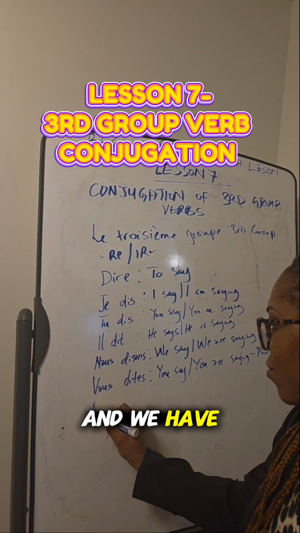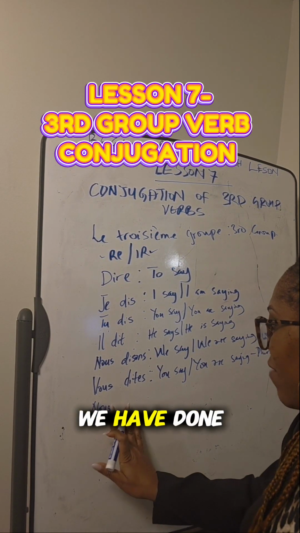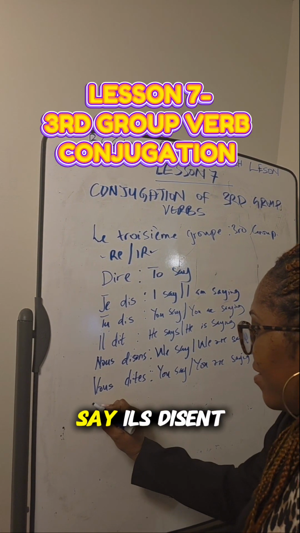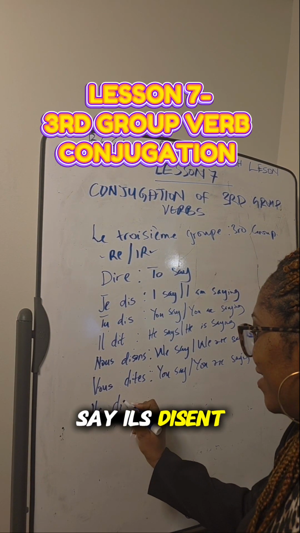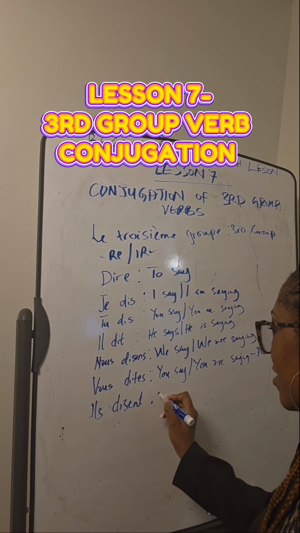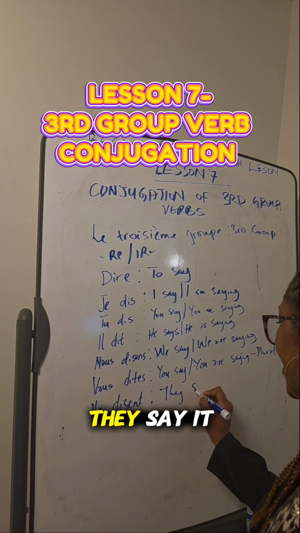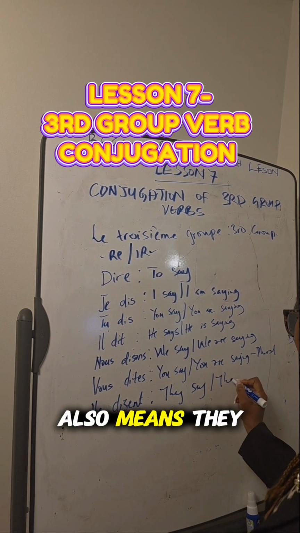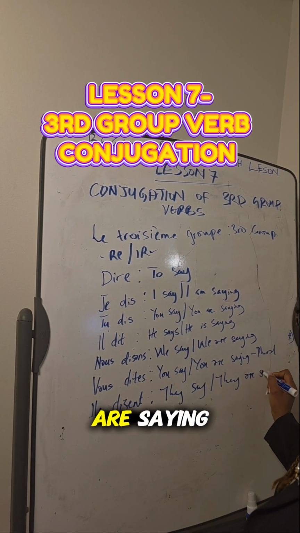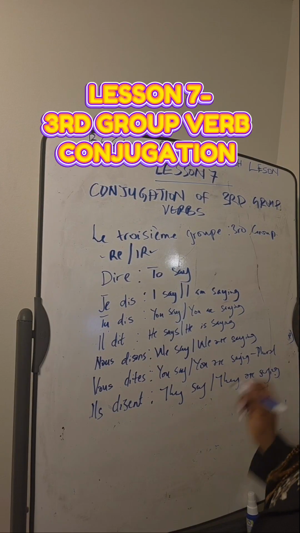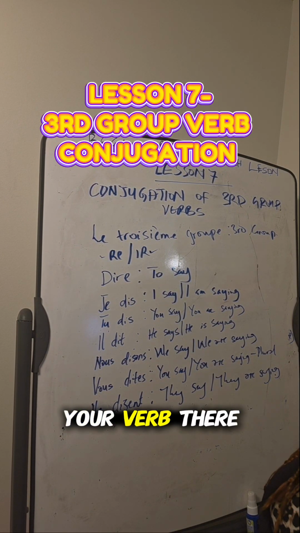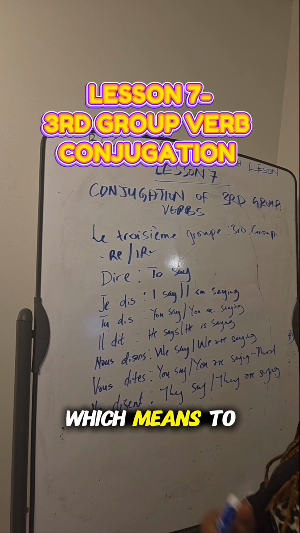And we have done we say; they say: ils disent. This means they say. It also means they are saying. So this is how you conjugate the verb dire, which means to say.